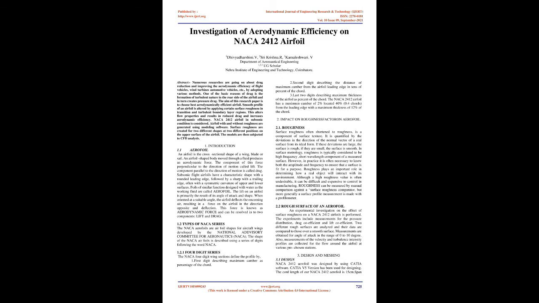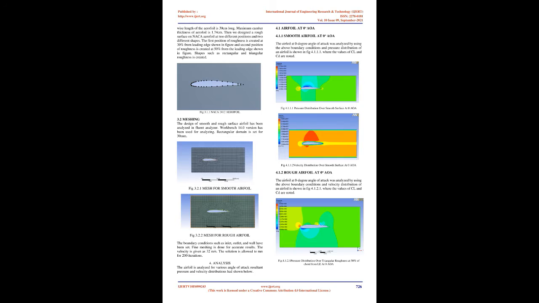Types of NACA series. The NACA aerofoils are airfoil shapes for aircraft wings developed by the National Advisory Committee for Aeronautics, NACA. The shape of the NACA airfoils is described using a series of digits following the word NACA.